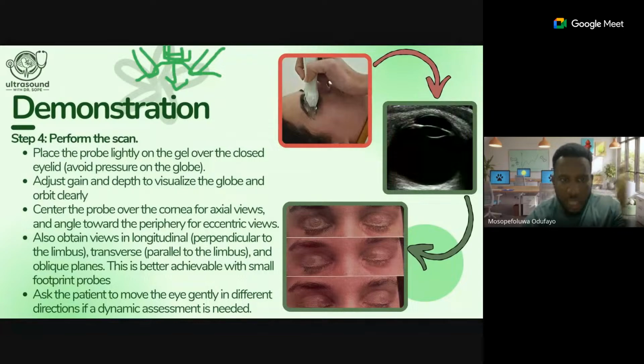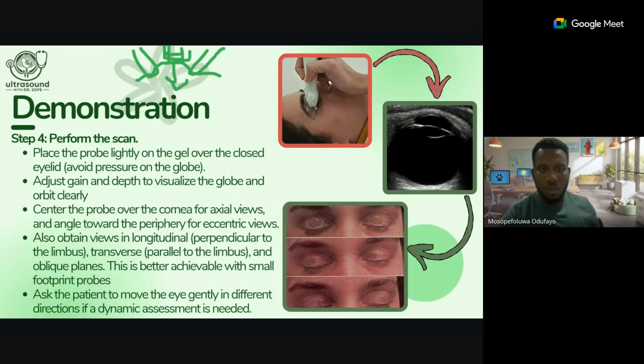You can obtain views in the longitudinal, transverse, and oblique planes. But there is a limitation to this when you are using a linear probe. It many times has a large footprint. And because it has a large footprint, that is very wide, you might not be able to manipulate your probe, and you have a limitation to the kind of images you're going to be seeing.